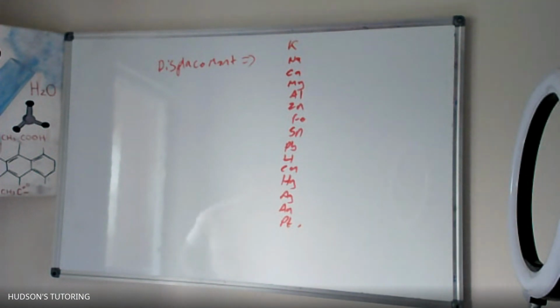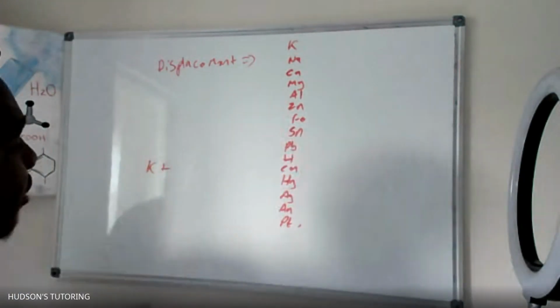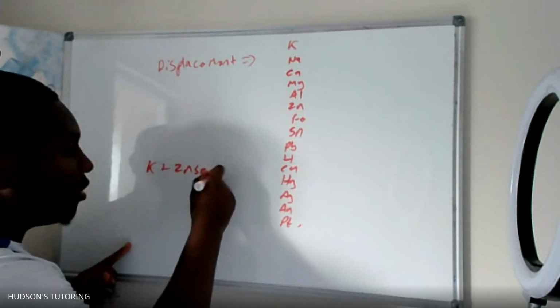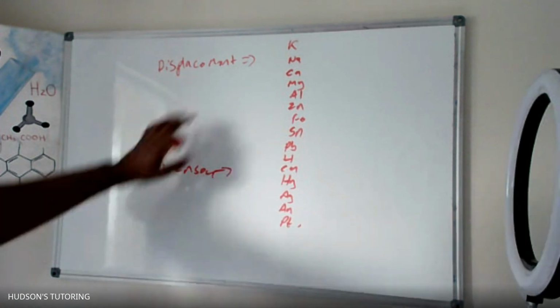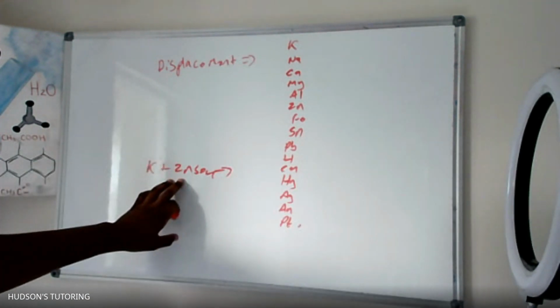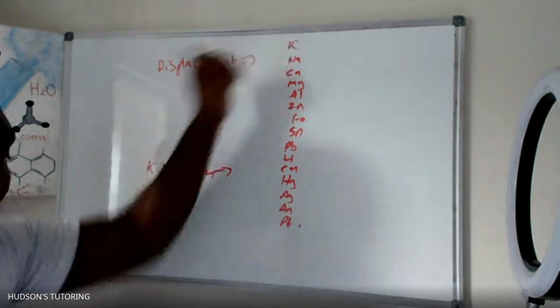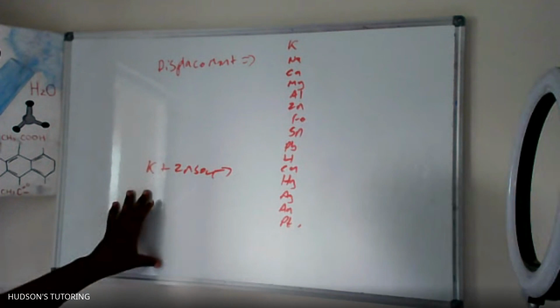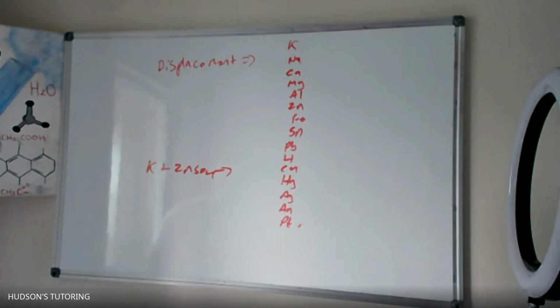For example, if I'm supposed to react potassium with zinc sulfate, potassium, because it's higher in the series than zinc, is competing with the zinc for the sulfate. So it's the same way Javid and Azar will be competing. Javid is potassium, so it's gonna displace Azar, the zinc, from zinc sulfate.